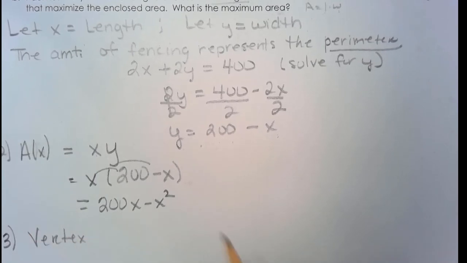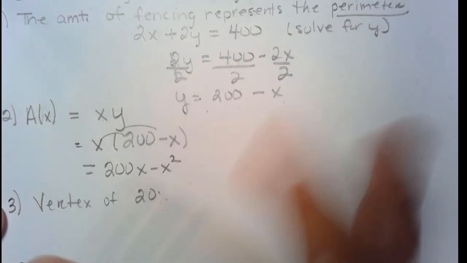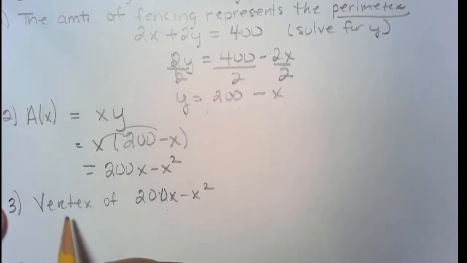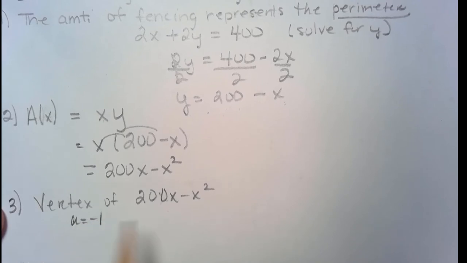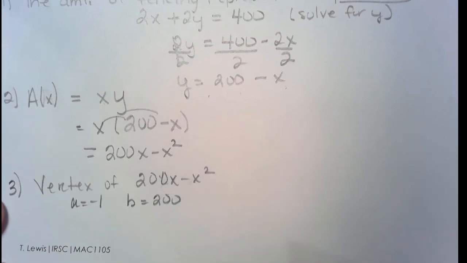We want to find the vertex of 200X minus X squared. So our A here is -1, our B is 200.